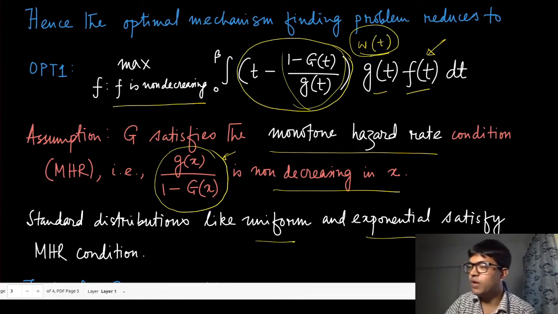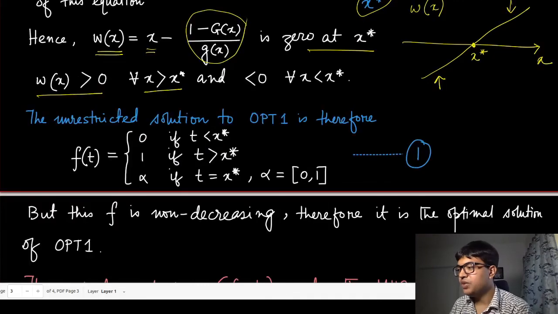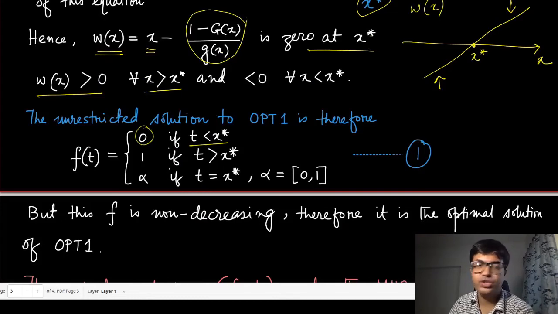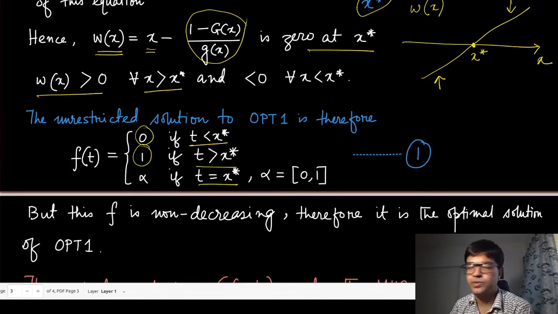So for a while, if we keep the condition of f being non-decreasing aside, whenever t is less than x star, there is no reason to allocate that object, so f(t) should be equal to 0. If it is more than x star, then this is positive, and we should completely allocate this object. At the point where it is exactly equal to x star, we can allocate it in whatever proportion; it does not really matter.